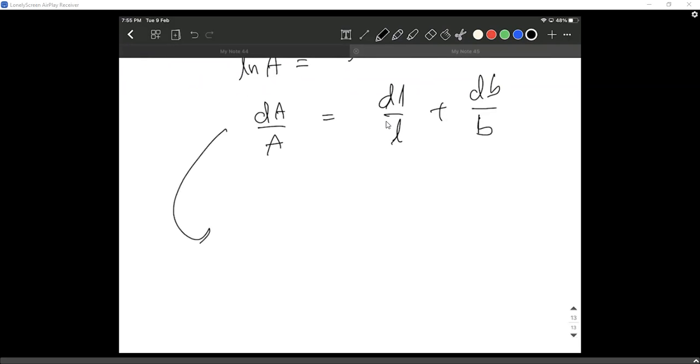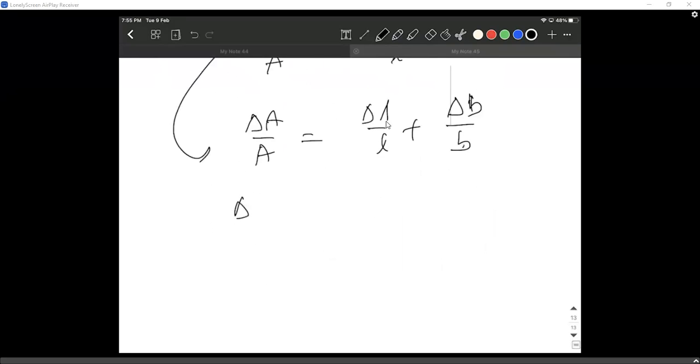I'm going to write dA as delta A by A, delta L by L plus delta B by B. And I'm going to multiply this whole thing by 100.